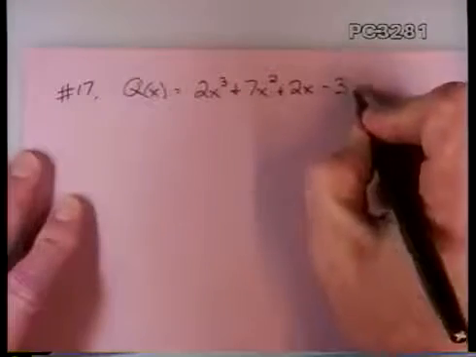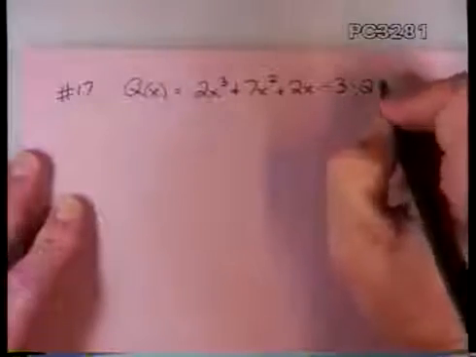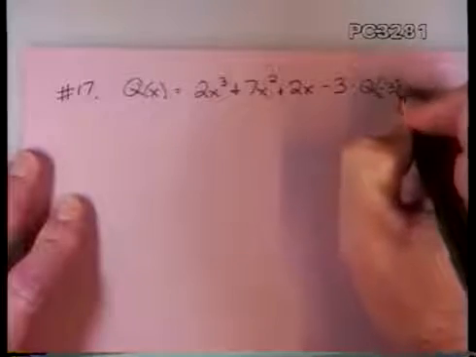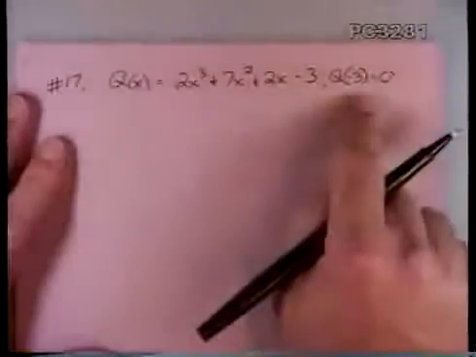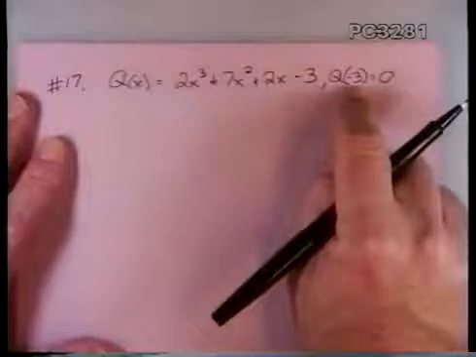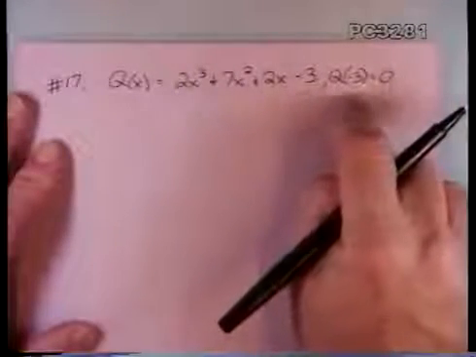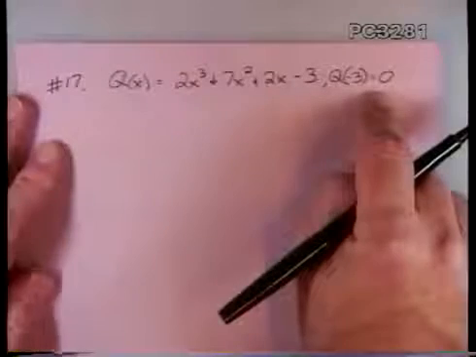If q of negative 3 is equal to 0, all right, what we are told is that x plus 3 is a factor.